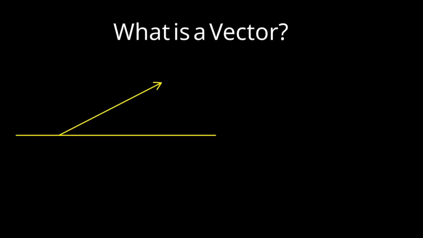Usually the direction is measured from the x-axis, and we normally go counterclockwise when we're reading this as positive. Okay, if I go the other direction, then it'll be a negative angle. The length of this arrow will represent the magnitude, the quantity.